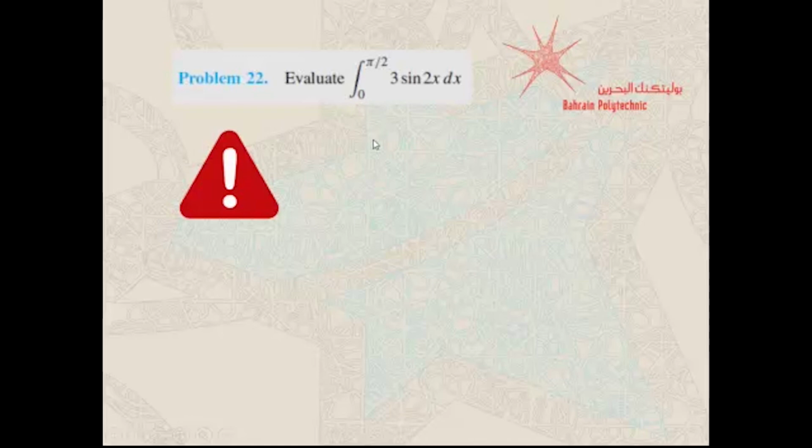Be careful that if you're doing this using the calculator, then your calculator has to be in radian mode. Okay? So with trig functions, for the evaluation, your calculator has to be in radian mode. So you've got to switch it from degree to radian.